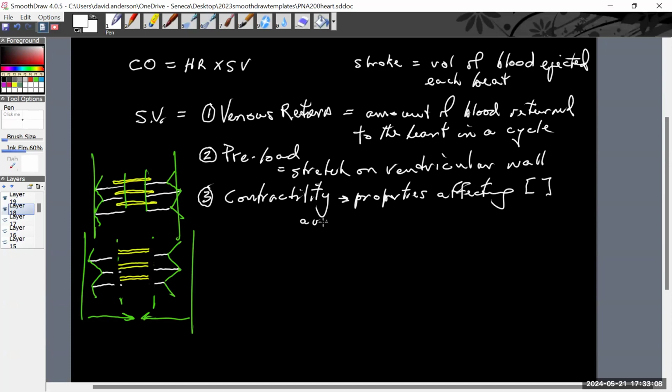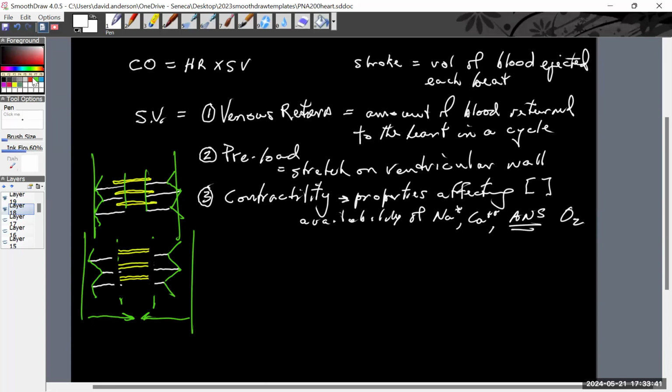So availability of sodium, of calcium, of the autonomic nervous system working properly, acid-base balance, the availability of oxygen, and so on. So these things that make a muscle cell contract efficiently are what we're talking about when we talk about contractility.